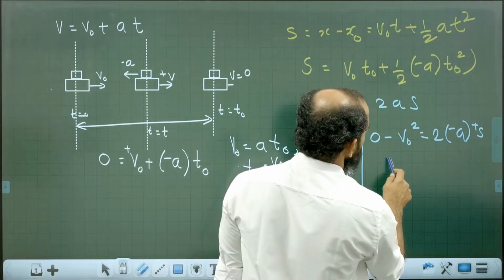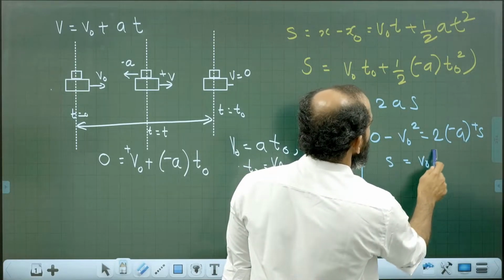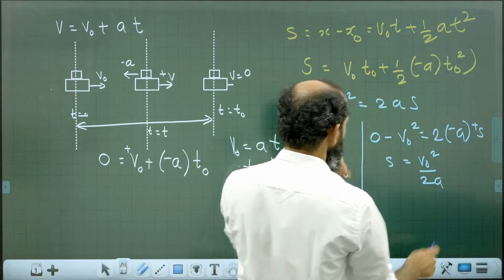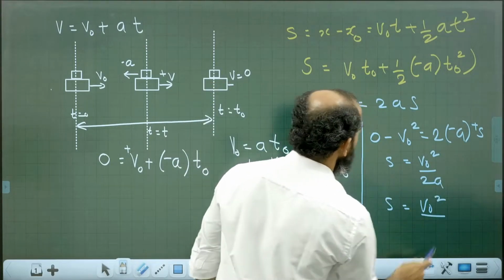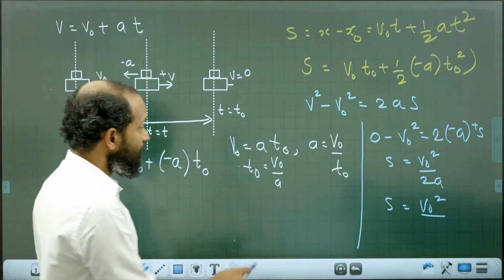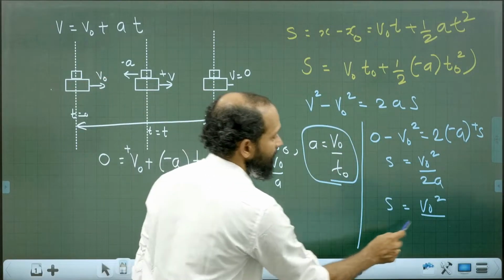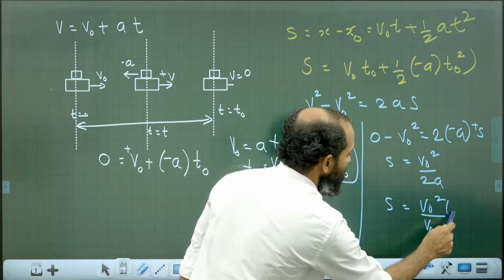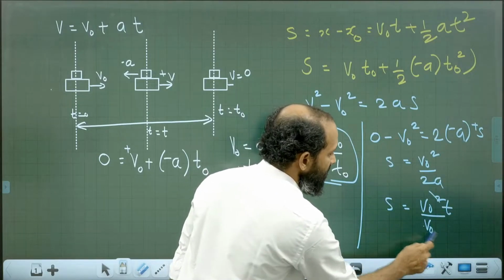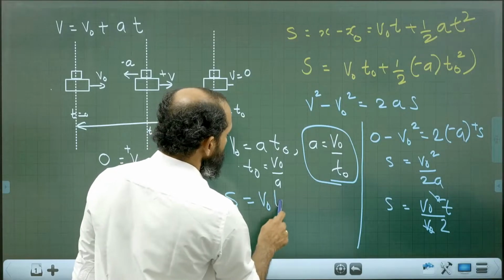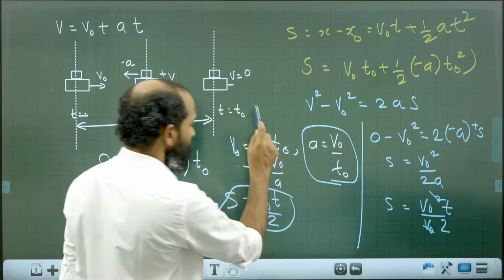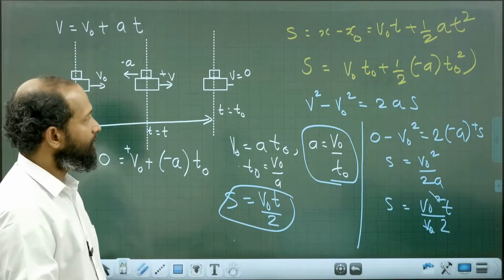That is, s is equal to v0 square divided by 2a. Also, v0 square divided by 2a, with a as v0 by t0, substituted from here, one v0 gets cancelled. So you get s as v0 t0 divided by 2. Another formula for stopping distance.